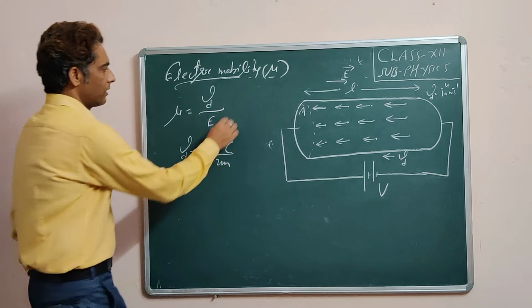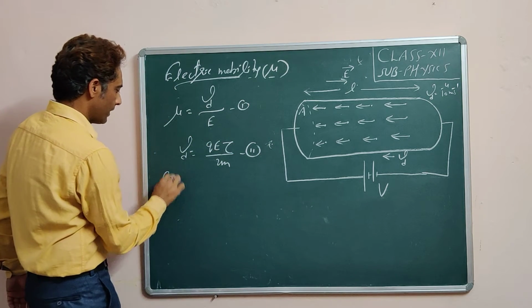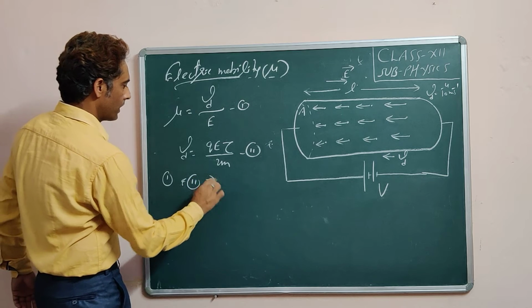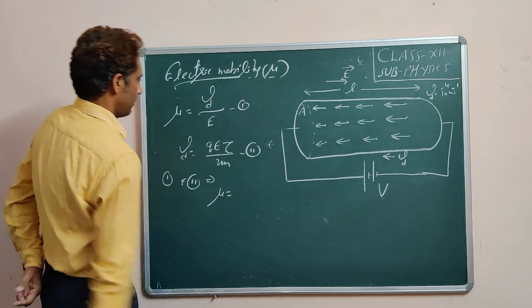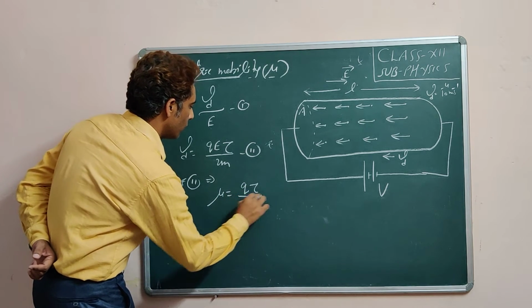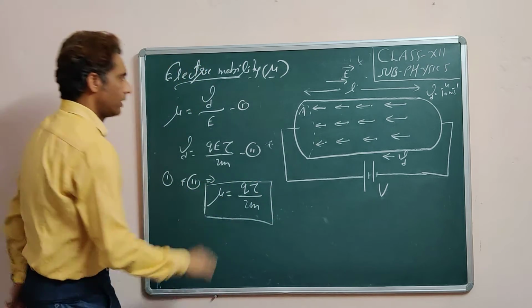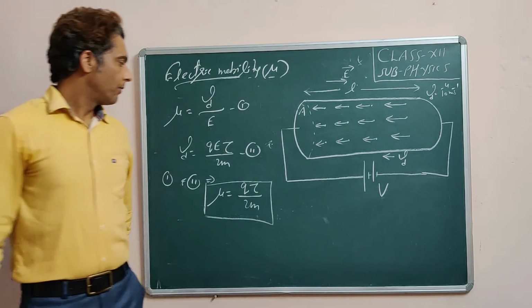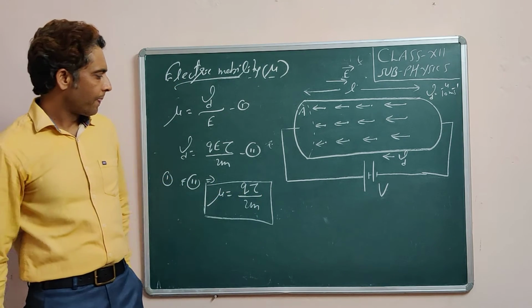So if this is number 1 and this is number 2, then 1 and 2 imply mobility is equal to Qτ over 2m. This is the expression for electric mobility for any charge Q of mass m.